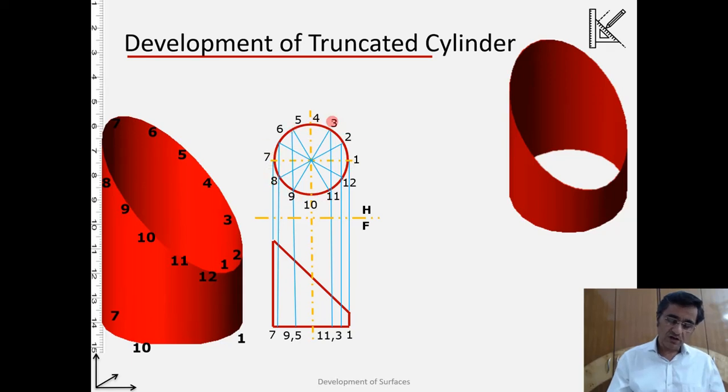So this circle we need to divide in multiple parts or chords, and the smaller the chord, the better will be the developed surface. But yes, that means there will be many more pieces, many more folds. So there is a trade-off between the accuracy that you want to achieve and the quantum of work that you want to put in. Alright, so let us say in this case we have done 12 divisions.